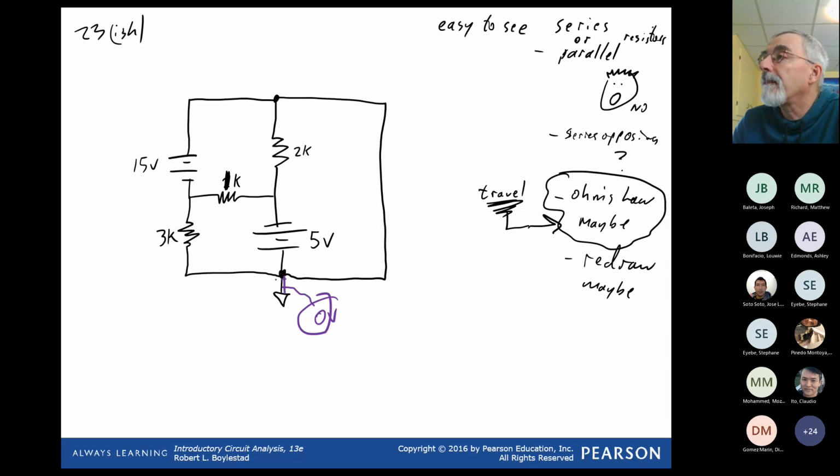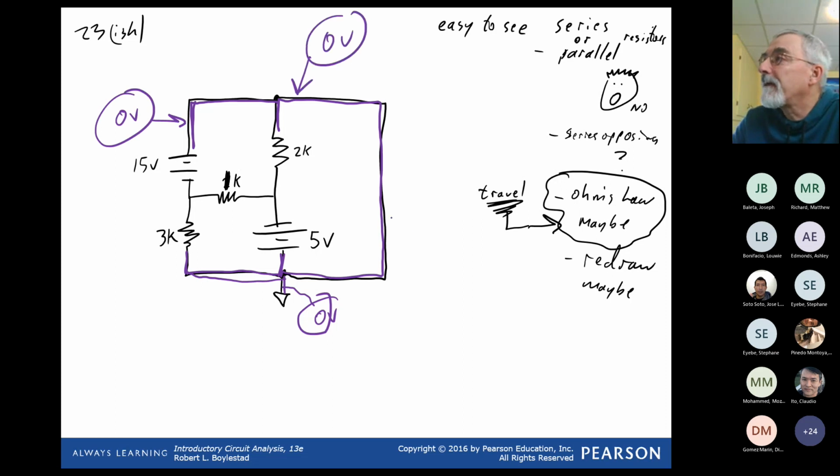Matter of fact, let's use our color because this is suspicious. Look at this. Wow. This is 0 volts. This is 0 volts. 0 volts.